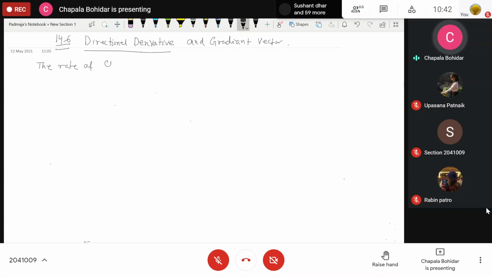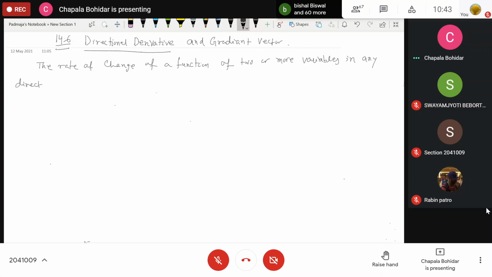The rate of change of a function of two or more variables in any direction is called the directional derivative.